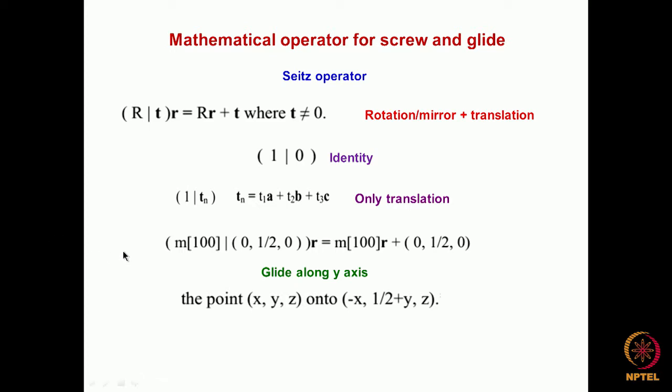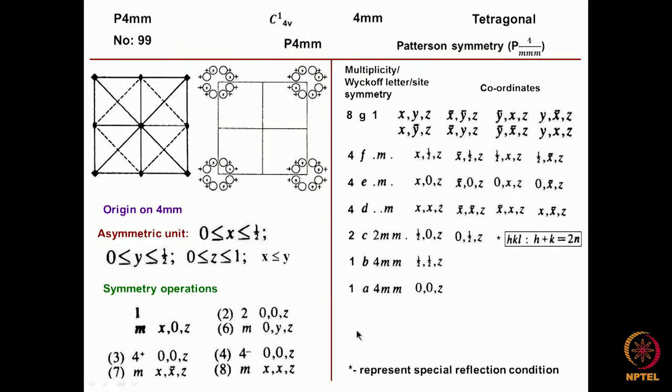Like here, if we put a symbol M100, then the symbol being used indicates the glide which is going to be there. This means the mirror is acted upon first, you generate that position to which you add the glide, then you get the coordinates of the other equivalent positions, okay. This is how it can be done.